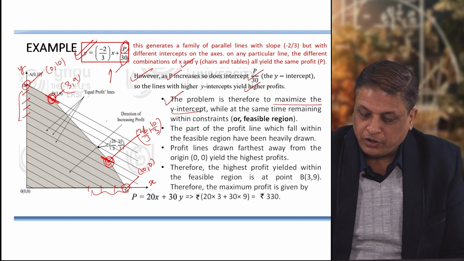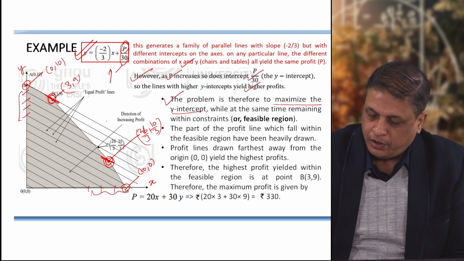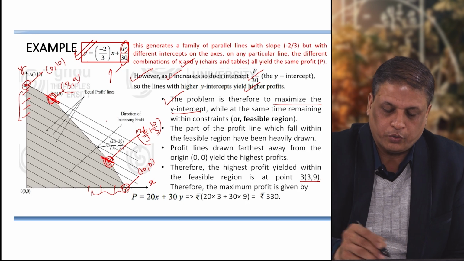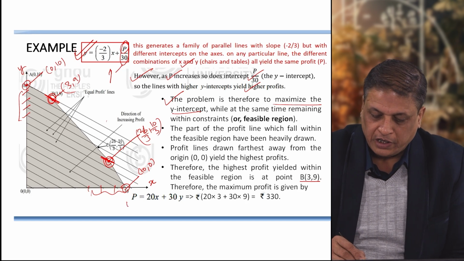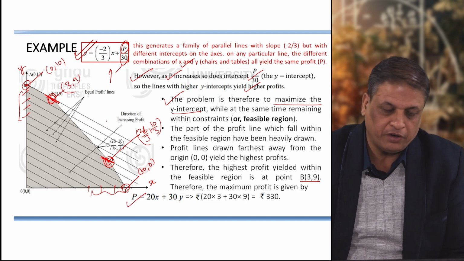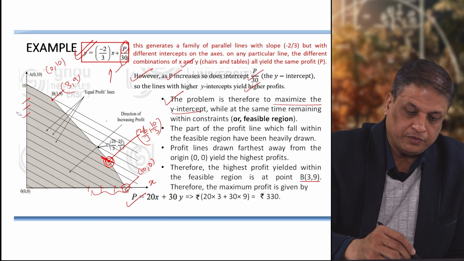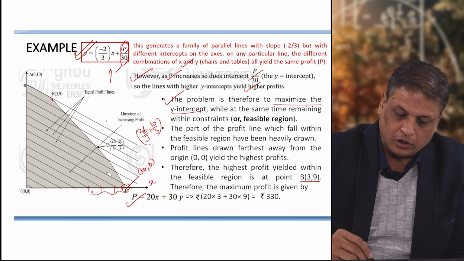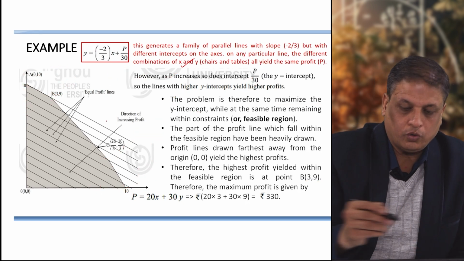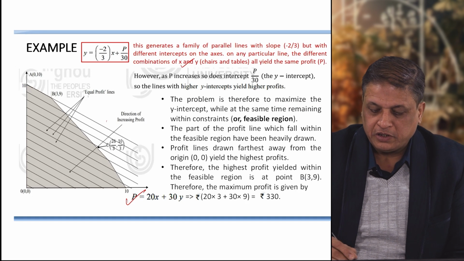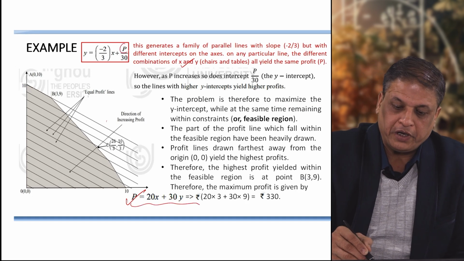Now substituting the values, say 3, 9, into this equation, that is p is equal to 20x plus 30y, this is representing the intercept p.